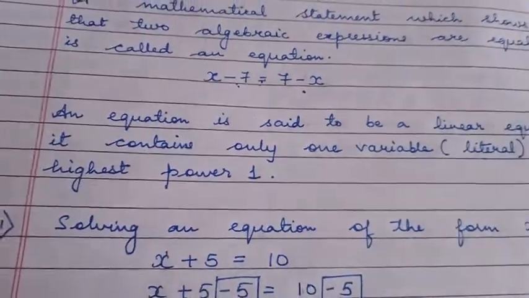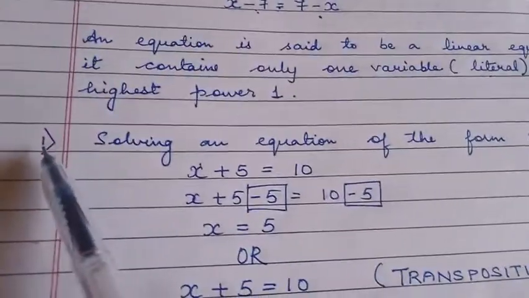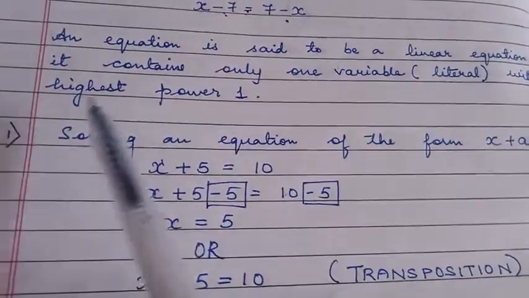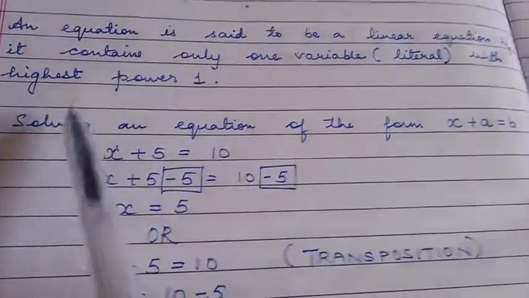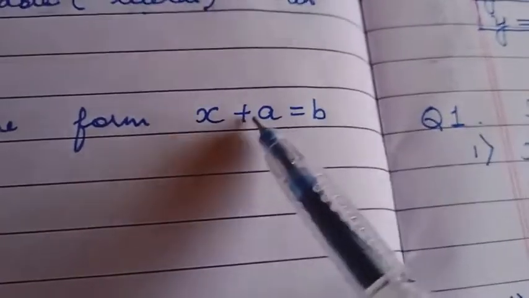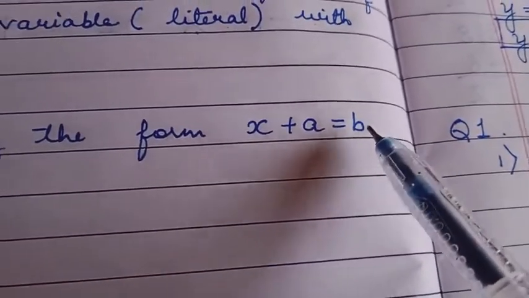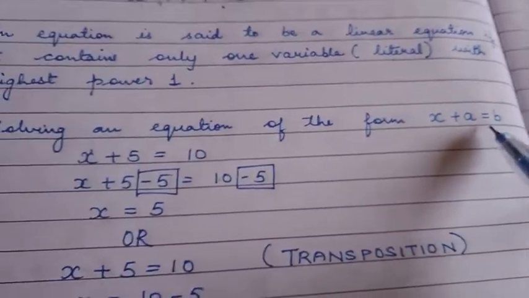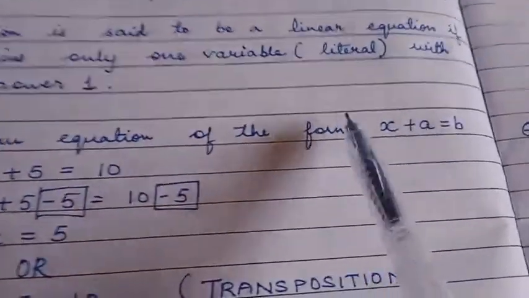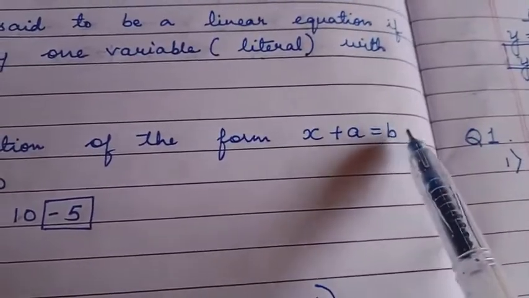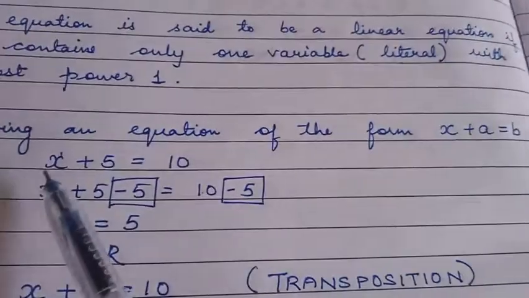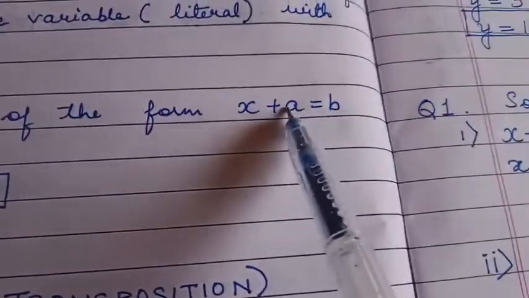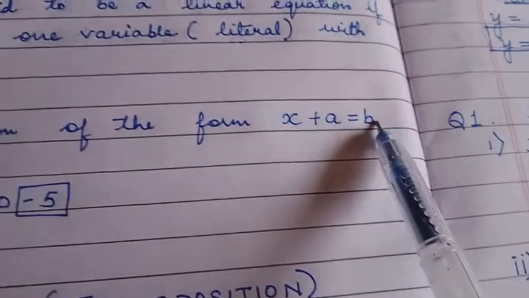Now, let us see how to solve a linear equation. So the first type we are going to see is x plus a is equal to b. Now you will say what is written, I am not understanding. Let's see what it is. So first type is solving an equation of the form x plus a is equal to b. Here x will be taken as variable x and a and b will have some numbers.